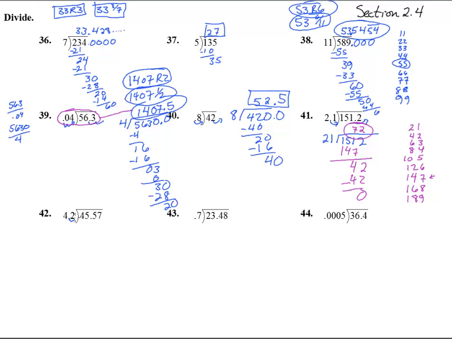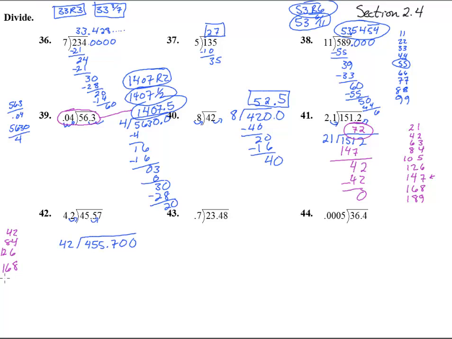Again, we're going to move the decimal here, move the decimal one place there. So we have 42 going into 455.7. And we may need a few zeros to carry on there. All right, so I don't know these very well, so I'm going to write those down. 42, 84, 126, 168.